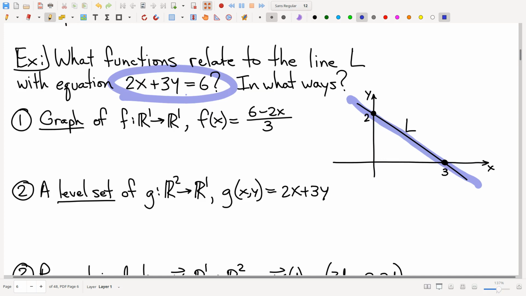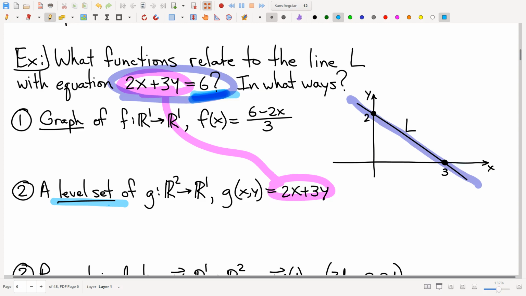Oh, that's an easy one, right? I can see it right here, that is what I set equal to a constant. Namely, that is the function whose level set gives me that equation, namely this line. All right, so sometimes the fish just jump in the boat. This one was, in some sense, already done for us.